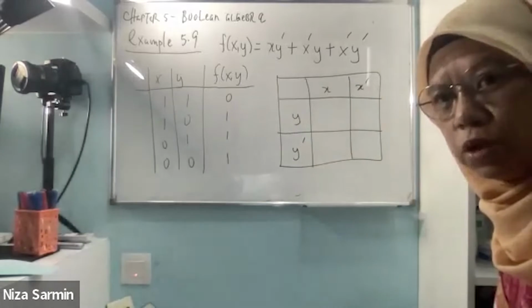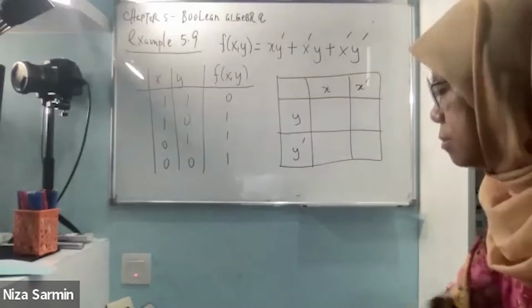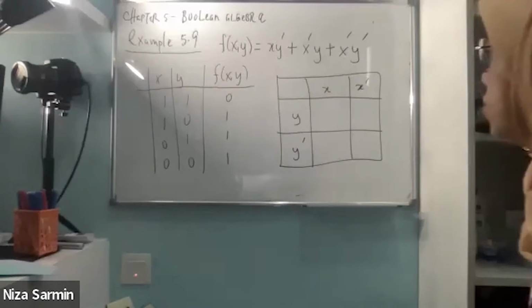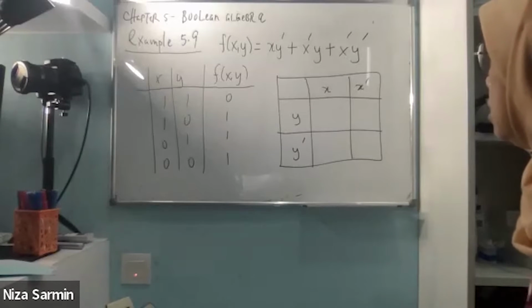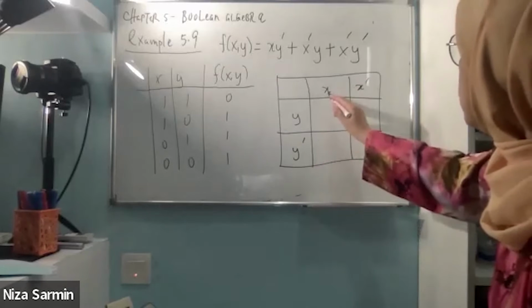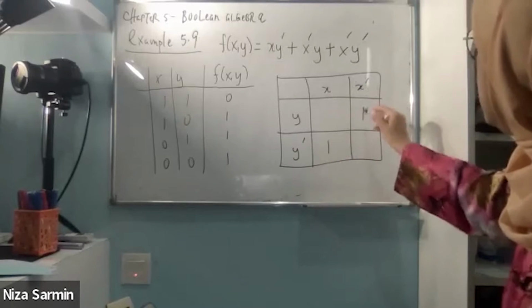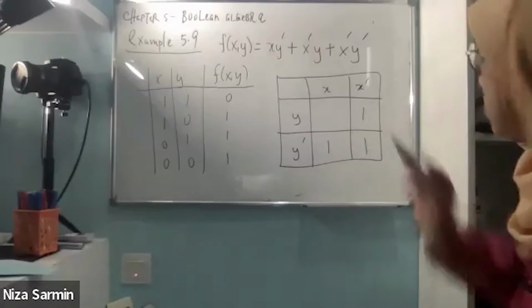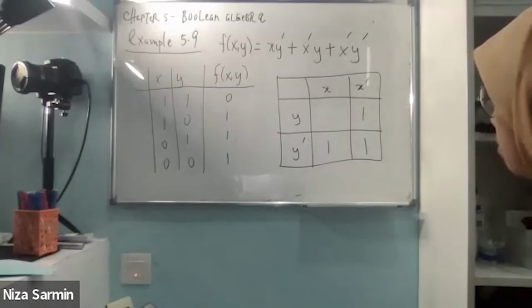Okay, since there's only 2. And then you fill in. Okay, you fill in. X, Y prime, X prime Y, X prime Y prime. Okay. So this is the Karnaugh map that you have.